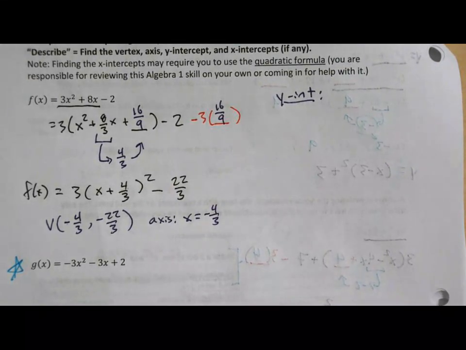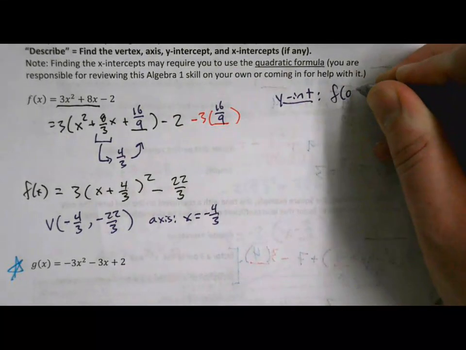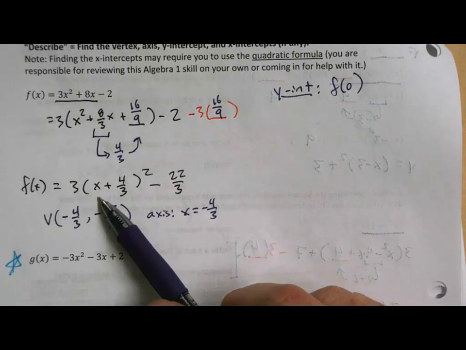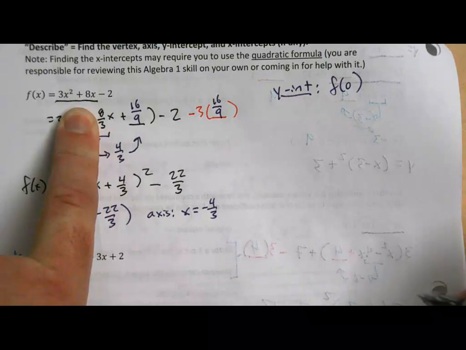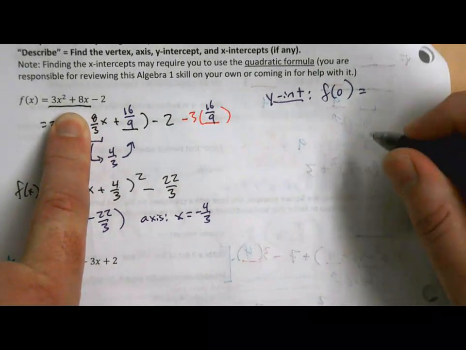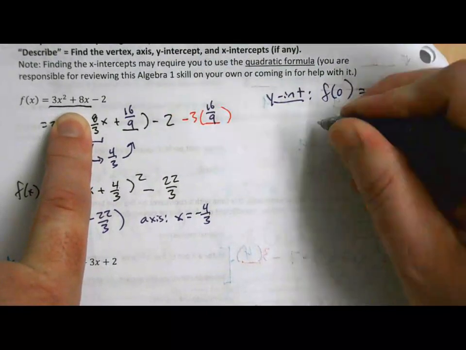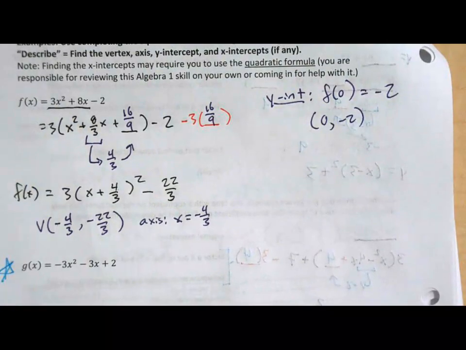To find the y-intercept, put 0 in for x. The y-intercept is f of 0. So if we plug 0 in, and I could do it in here, but I feel like this would be an easier format, f of 0 is 0 plus 0 minus 2. That's -2. So my y-intercept is at (0, -2). Nice. That was easy.